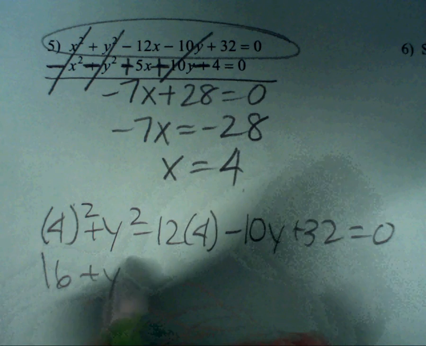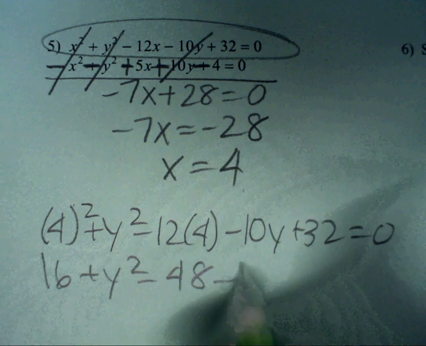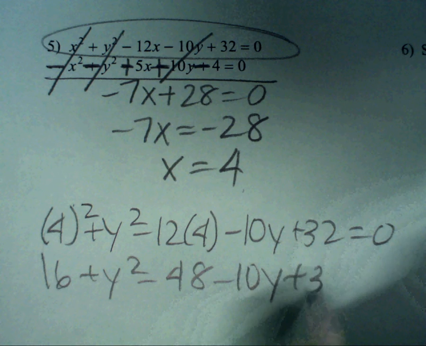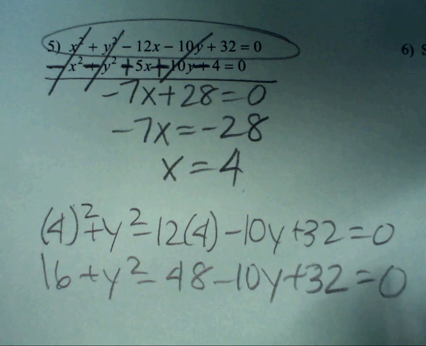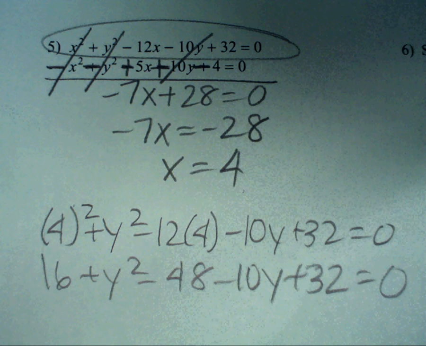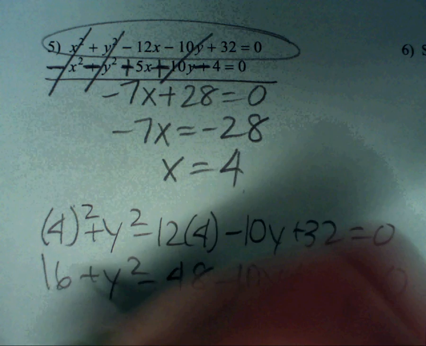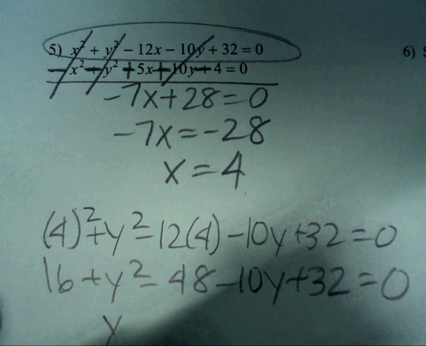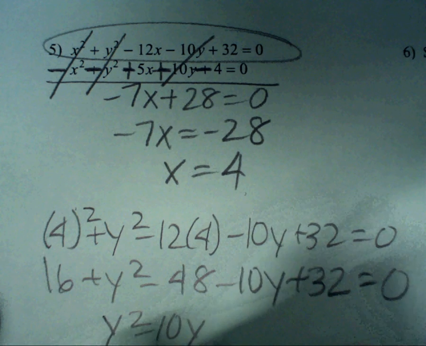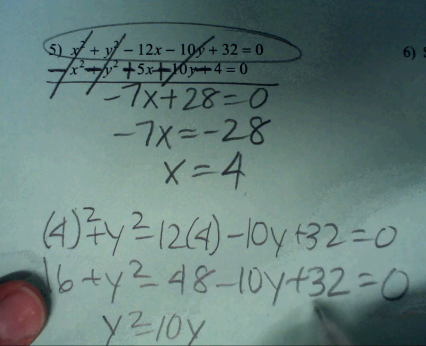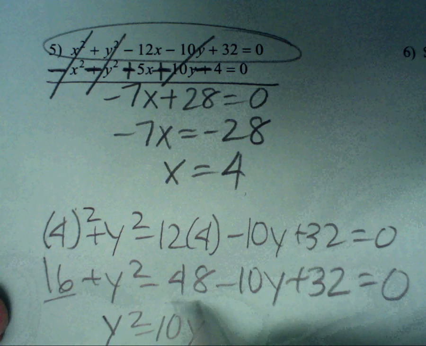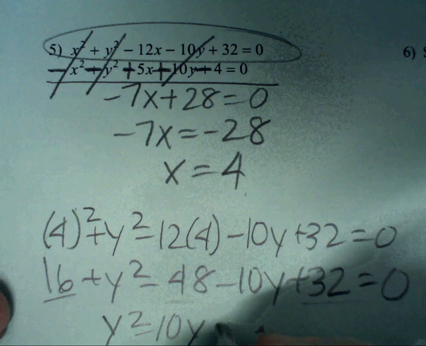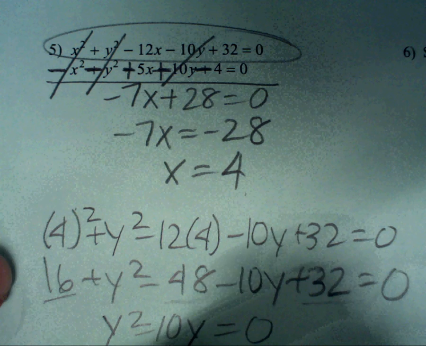Okay, so then we have 16 plus y squared minus 48 minus 10y plus 32. So again, I plugged in my solution, which I found was x. I picked an equation, either equation, absolutely doesn't matter. So then I have y squared minus 10y. Looks like the 16 and the negative 48 and the positive 32 will actually all cancel.